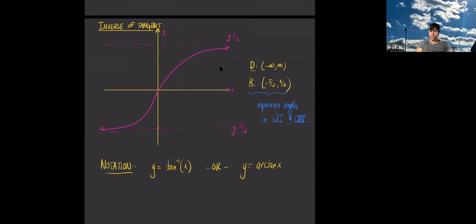So now we're going to be concerned with finding the angle. Normally we're given the angle and we find the values. Now we're doing the opposite. We're given a value and we want to find the corresponding angle. And that's the main objective now.